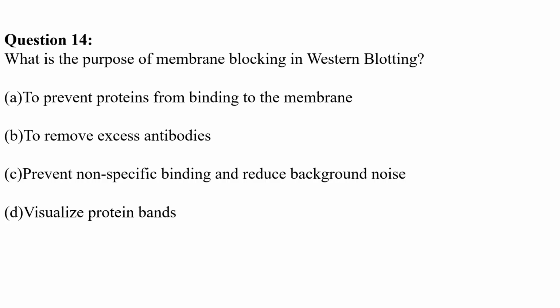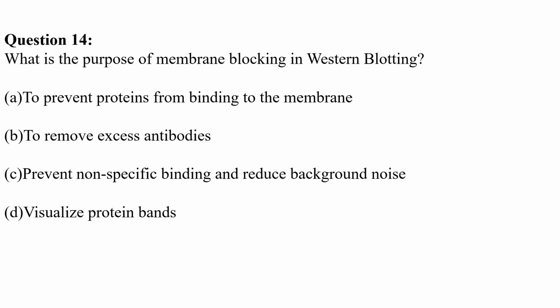Question number 14. What is the purpose of membrane blocking in Western blot? Option A, to prevent proteins from binding to the membrane. Option B, to remove excess antibodies. Option C, prevent non-specific binding and reduce background noise.